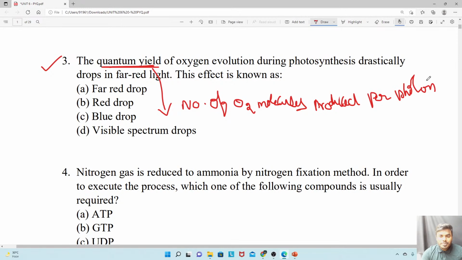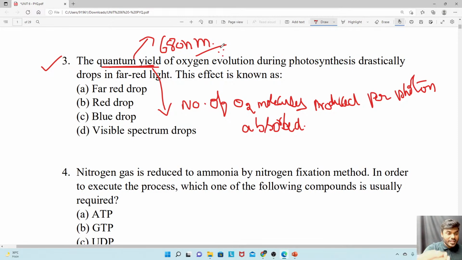How many oxygen molecules are produced per single photon absorbed? That is called quantum yield. I want every student to remember that quantum yield is generally constant up to 680 nanometers. Beyond that, friends, it drastically falls. That is what we call the red drop effect.